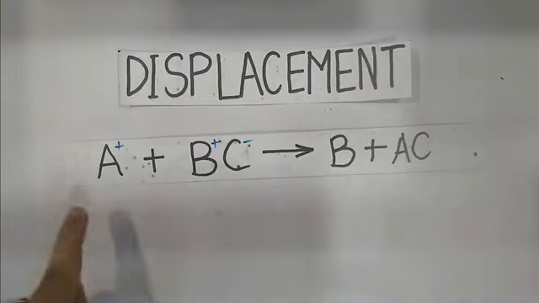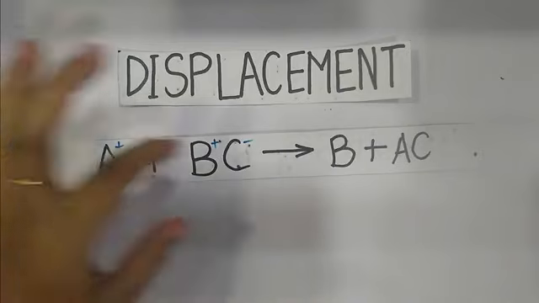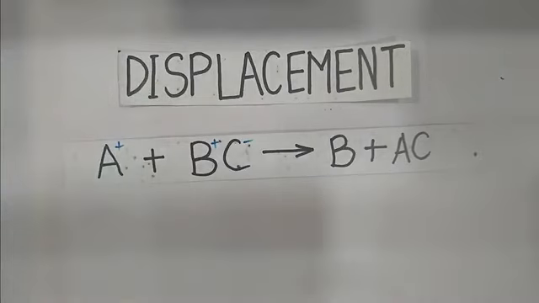The product would remain A plus BC. Nothing would happen if A was a less reactive element than B. Alright, let us get to some more examples so that we understand this displacement reaction clearly.